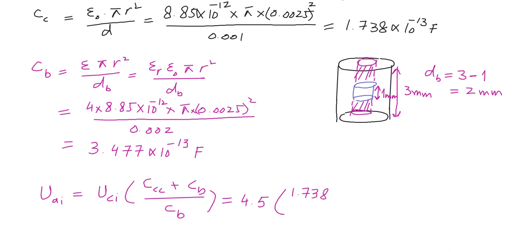1.738 plus CB is 3.477. I'm not writing multiplication factor because multiplication factor at the numerator will be cancelled with the multiplication factor at the denominator, which is 10 raised to the power minus 13. So divided by 3.477.